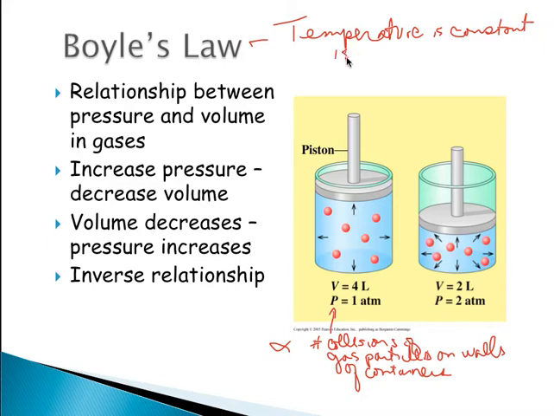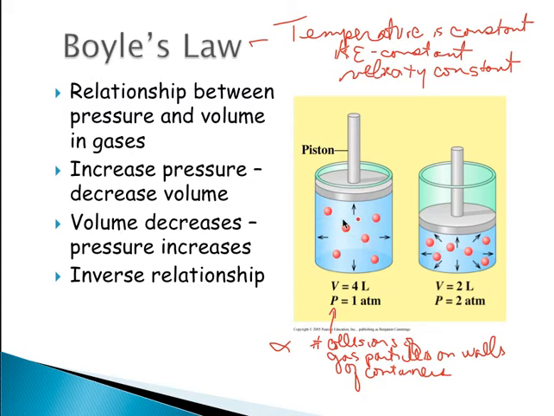So that means my kinetic energy is constant, and since it's the same gas, my velocity of the particles, V-E-L-O-C-I-T-Y, is constant. Okay, so these particles are moving at the same speed.